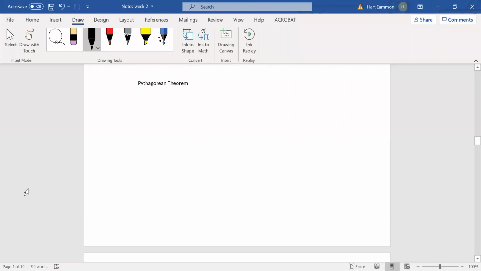So another classic example, something that you've probably seen a ton of times in high school, but have never actually seen a justification for why, is the Pythagorean theorem.